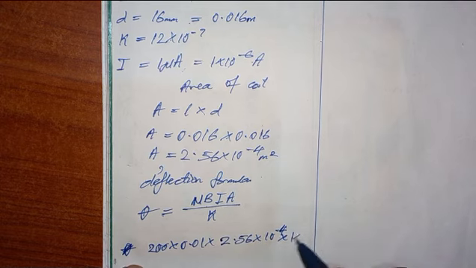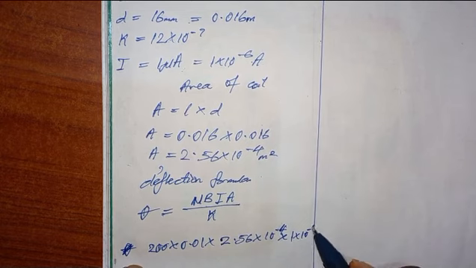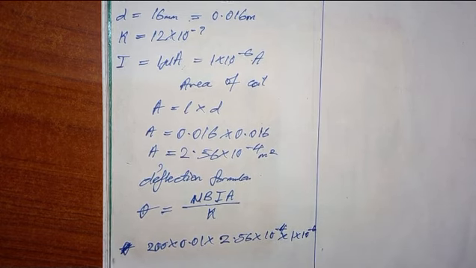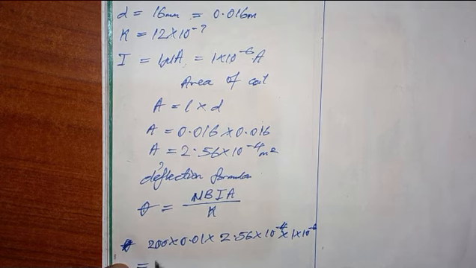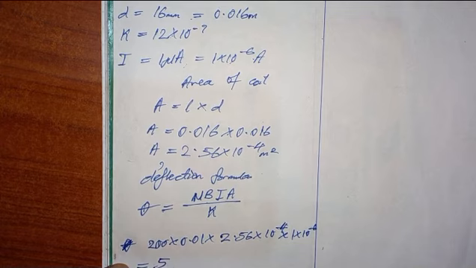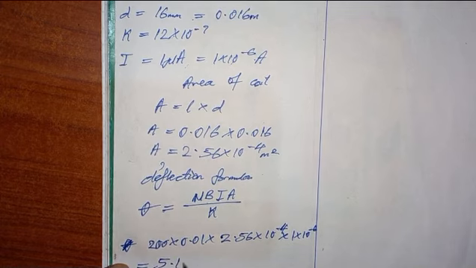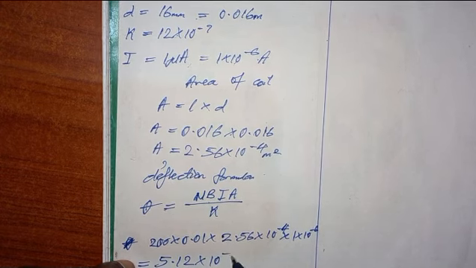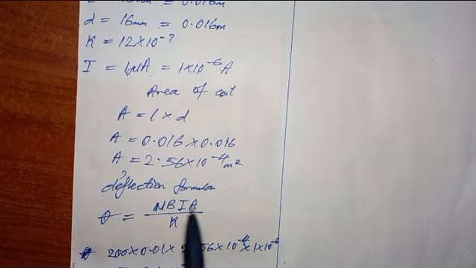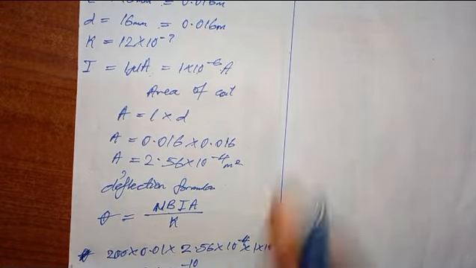Current is 1 times 10 raised to power minus 6. So solving that, do your normal calculation. The numerator there will be 5.12 times 10 raised to power minus 10. I just solved for this one.